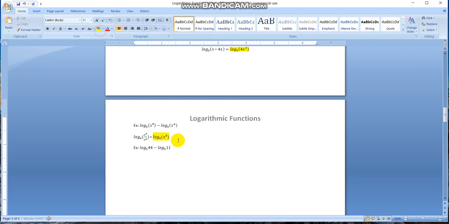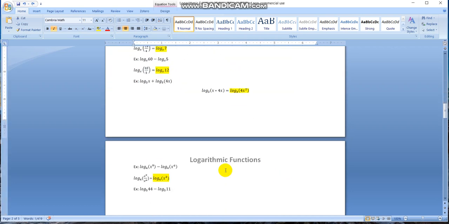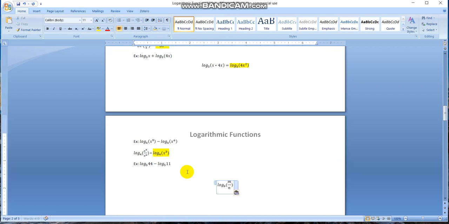Okay, last one. Log base 5 of 44 minus log base 5 of 11. Okay, so same idea. What we know is our base is 5.